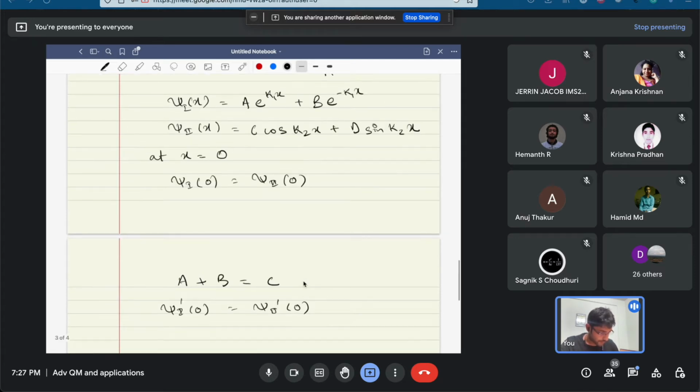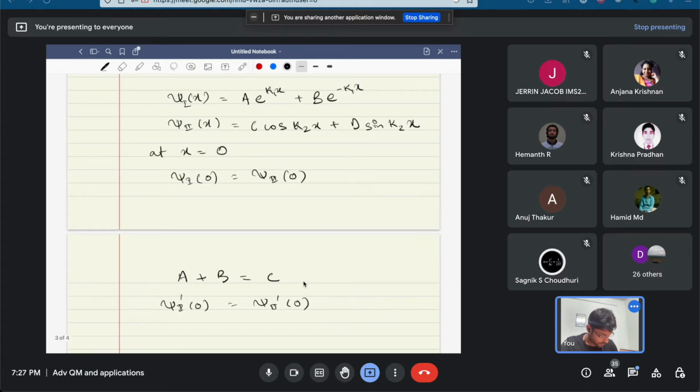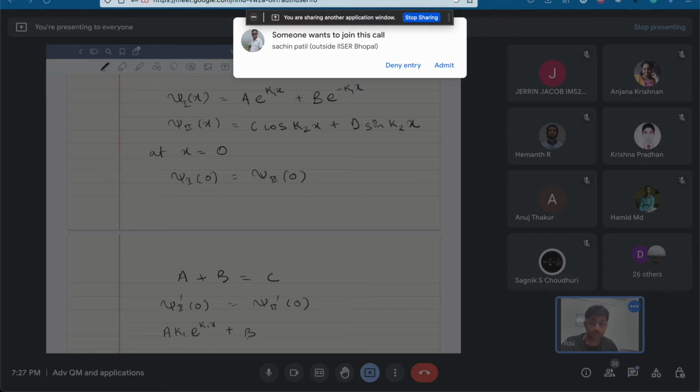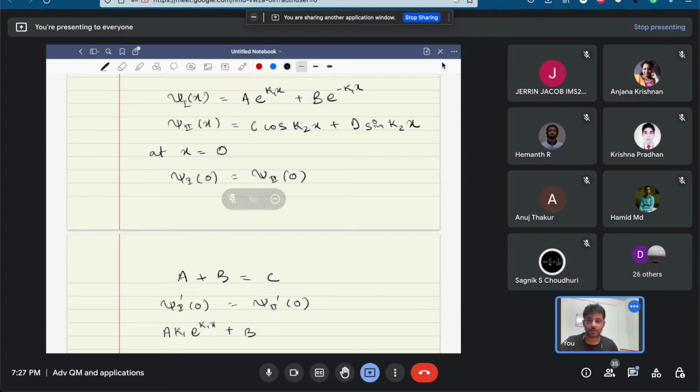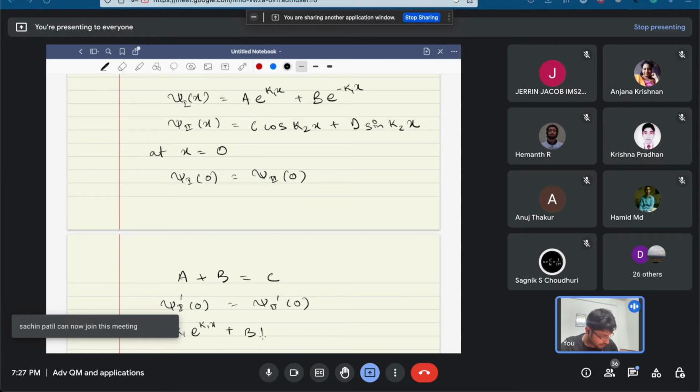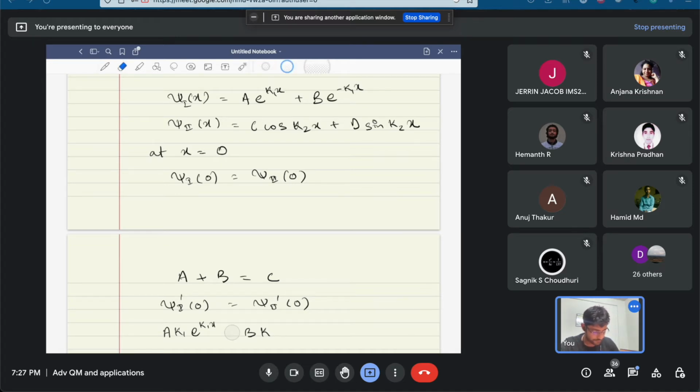So the derivative of psi 1 is a k1 e to the power k1x minus b k1 e to the power minus k1x.